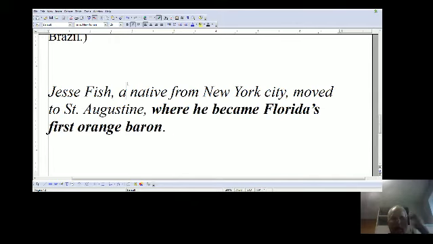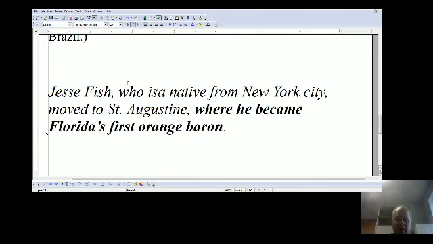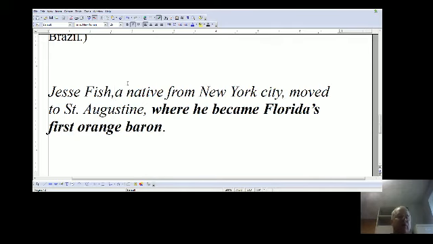In this case, we have Jesse Fish, and we could have said here who is, but I decided to not put who and is, and I'm using what's called an appositive. Jesse Fish, a native from New York City, moved to St. Augustine, where he became Florida's first orange baron.